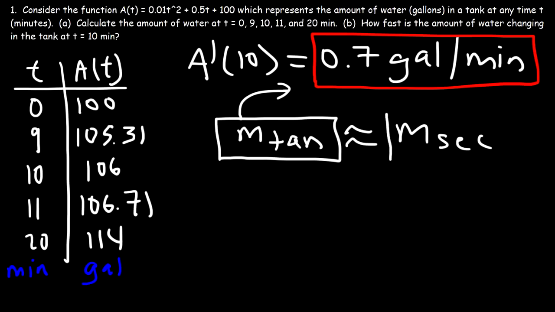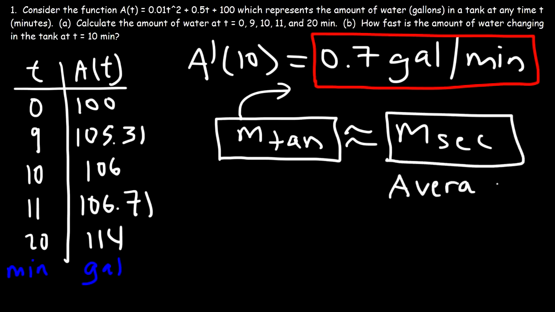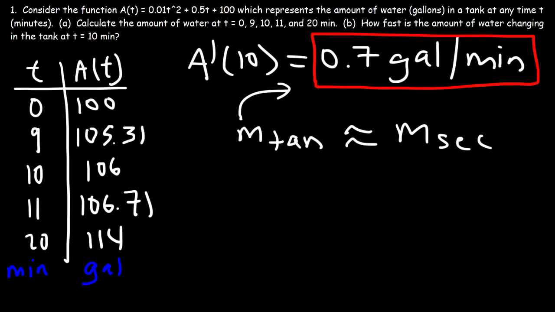The slope of the secant line represents the average rate of change, which you can calculate using 2 points. So to calculate the slope of the secant line, or the average rate of change, our 2 points will be 9 and 11, because 10 is the midpoint of 9 and 11.